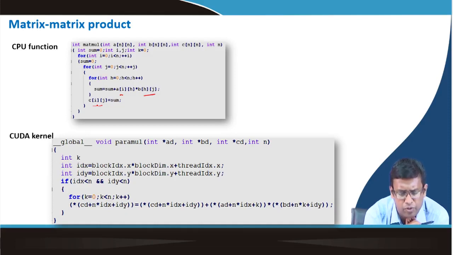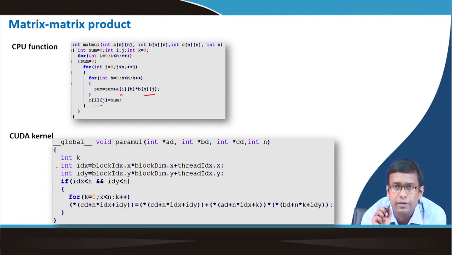Now, when we look into the CUDA kernel, we would do essentially the same thing. Each thread points to one particular element of the product matrix, not of the left and right matrices, because for the multiplier and multiplied matrices, it will go over the entire row and entire column and make the dot product.